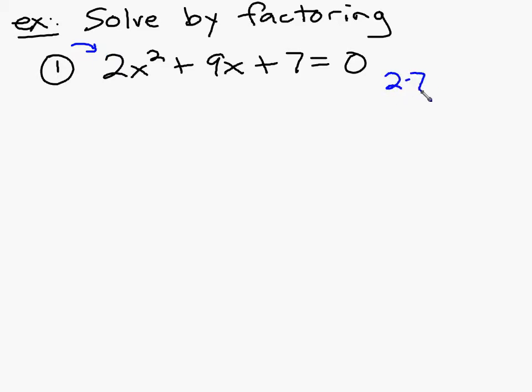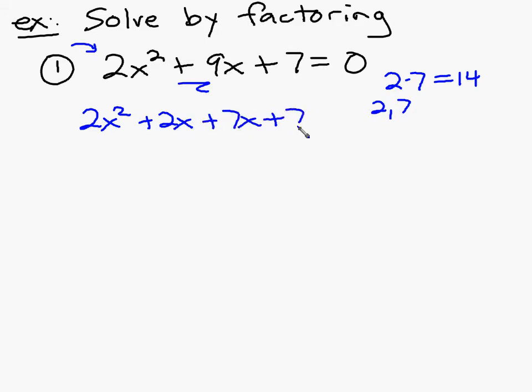2 times 7 is 14. So now I need two numbers that multiply to give me 14, but add up to be positive 9. So it's going to be positive 2, positive 7. So I have 2x squared plus 2x plus 7x plus 7 equals 0.